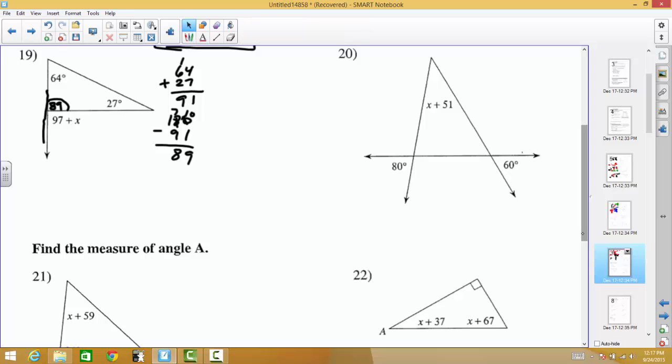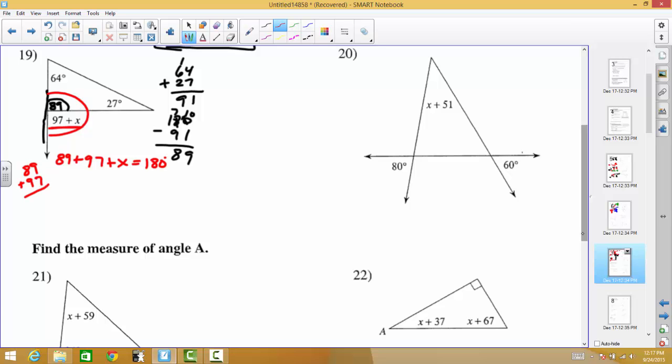So now we know that these two together, 89 plus the whole 97 plus x, have to equal 180 degrees because they're a linear pair. So 89 plus 97 is 9 and 7 is 16. 8 plus 1 is 9, so 9 plus 9 is 18.